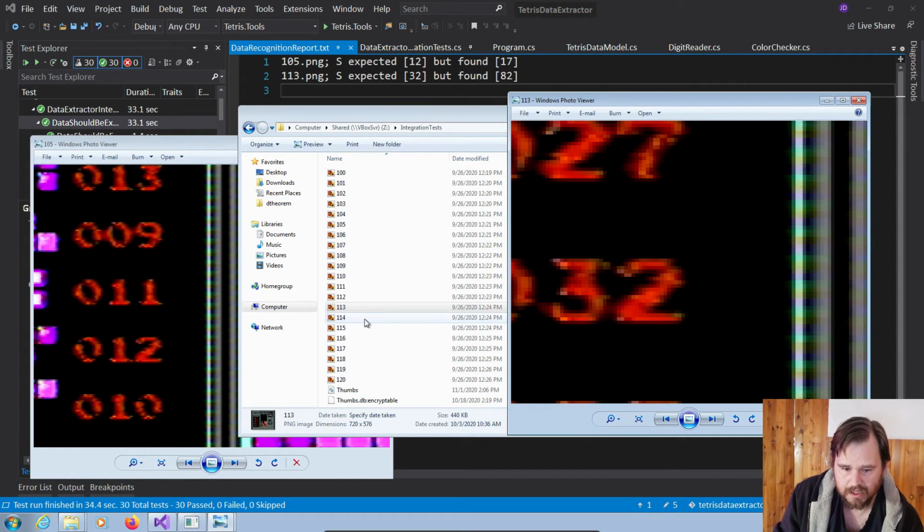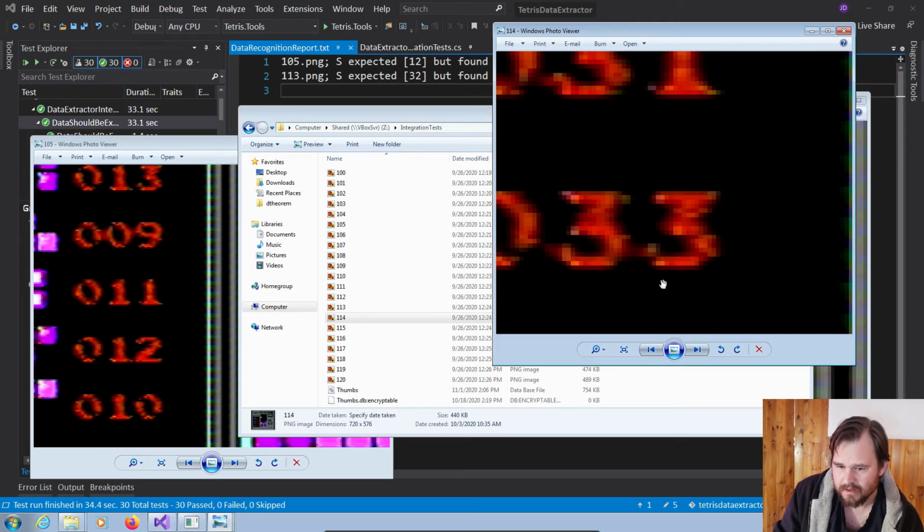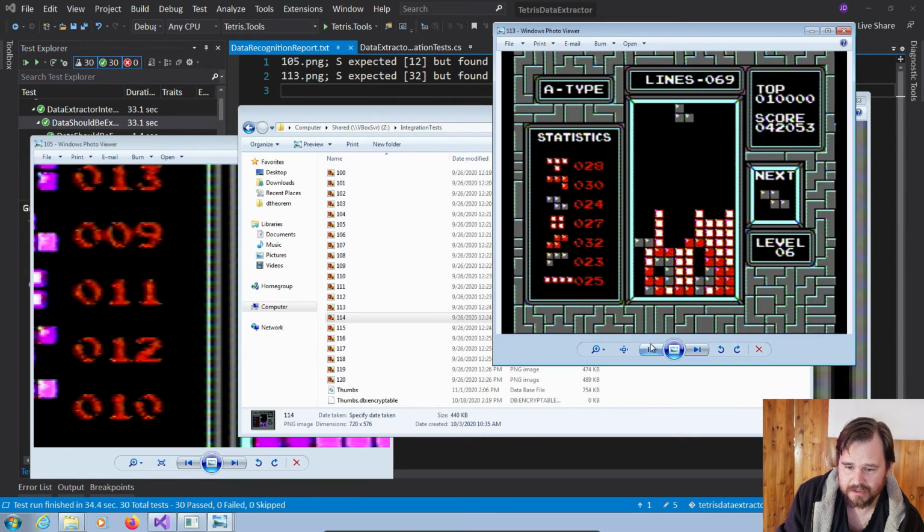And are you telling me, like 114, and here's what I don't understand. So this is 114. It found the right value, but 113 it did not. Like, look at that. Oh man.